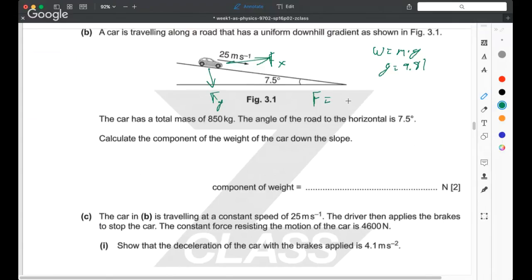So you have the weight: 850 kilograms, 9.81 meters per second squared, times sine of 7.5.